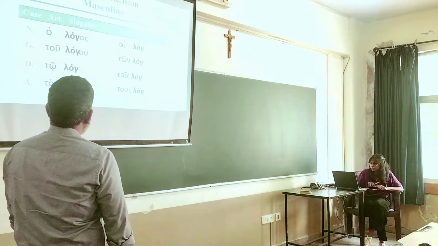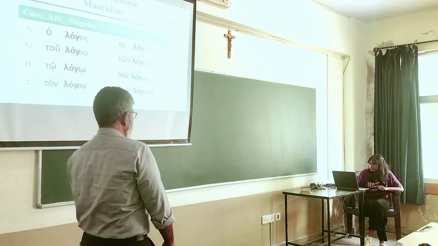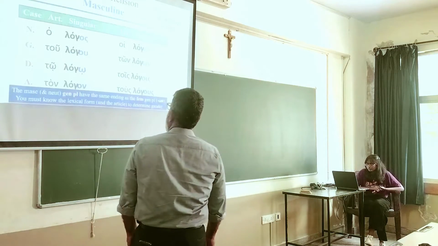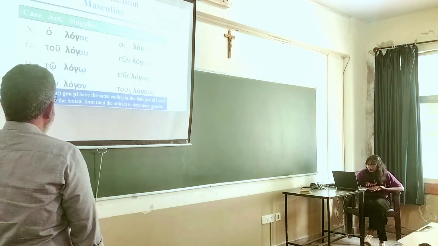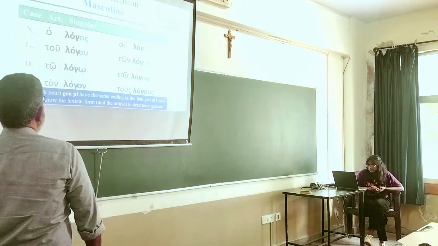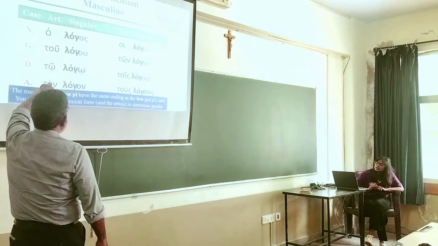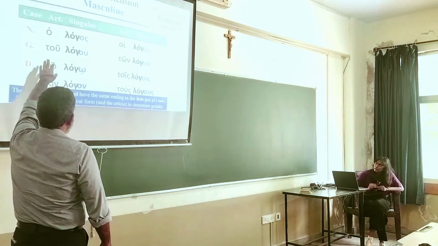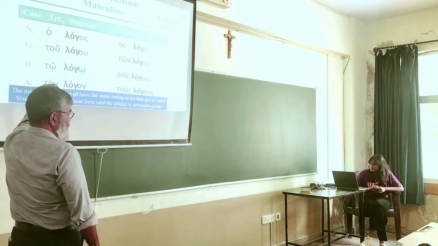Okay, so this is something we have to memorize. What is called a paradigm. The second declension noun forms. Now this is all the definite article for a masculine noun form.